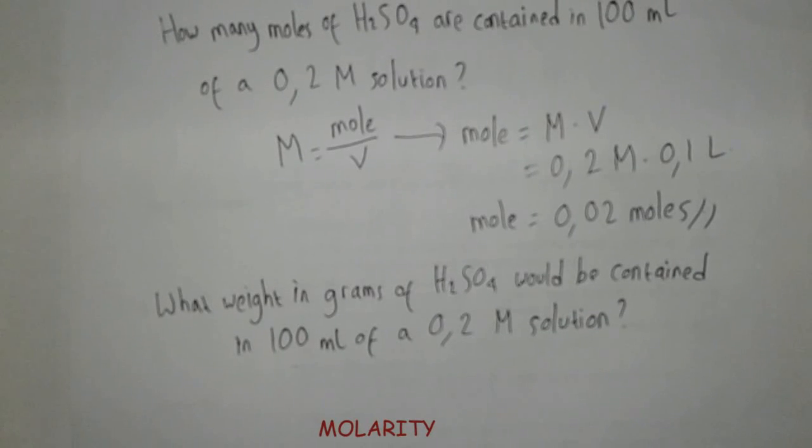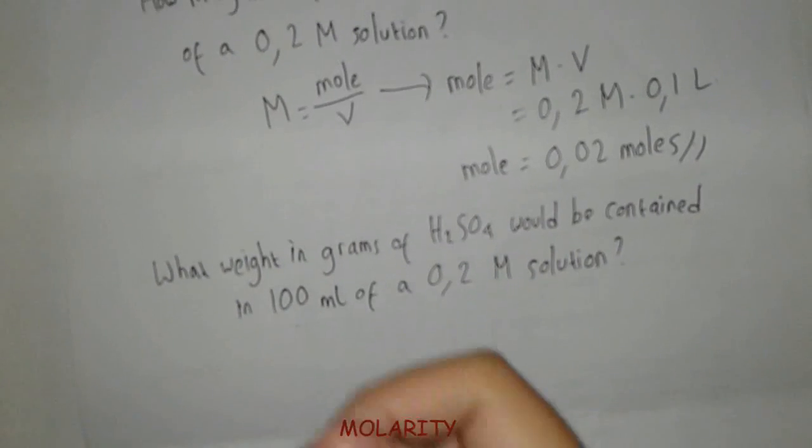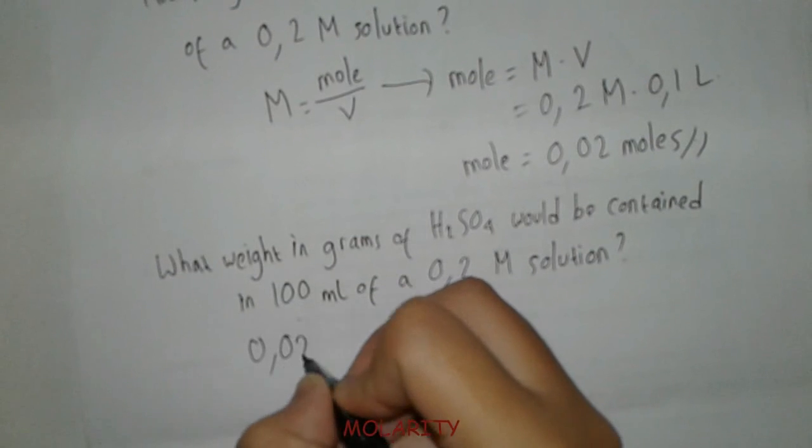If we want to find how many grams of sulfuric acid, we need to know how many moles there are. Luckily, we already found the moles: 0.02 moles.